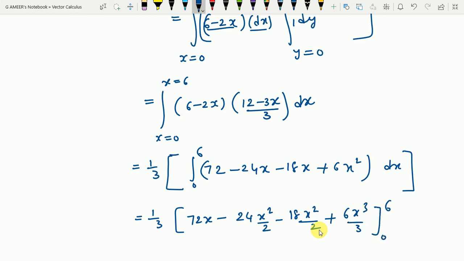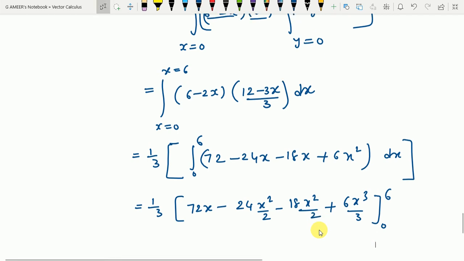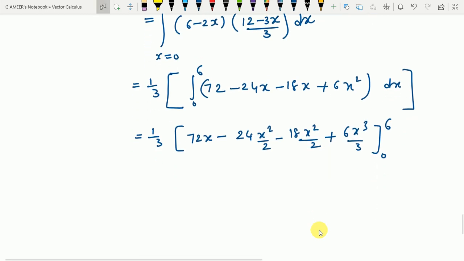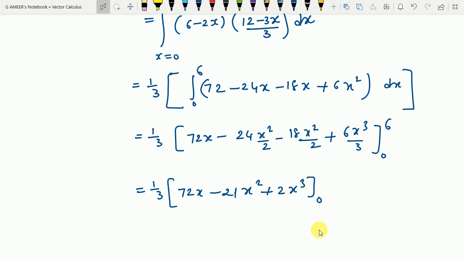The lower limit 0 only contributes 0, so you need to put only the upper limit. So that is 1/3 into, here it is minus 42 by 2, which is 21. So 72x minus 21x square plus 2x cube, with limits from 0 to 6.